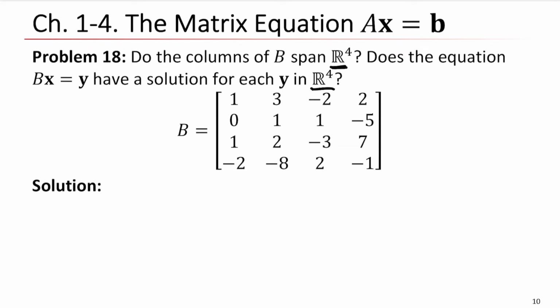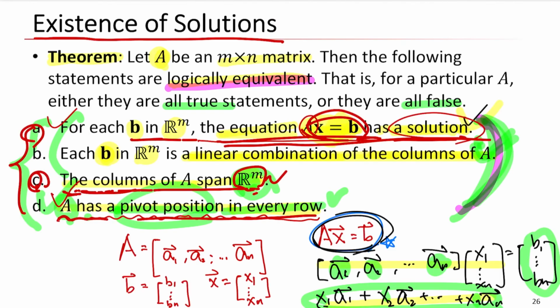Okay, this is the problem. To answer this problem, we need a theorem in lecture 3.1. If we go back to lecture 3.1, there is a theorem, something like that, right?